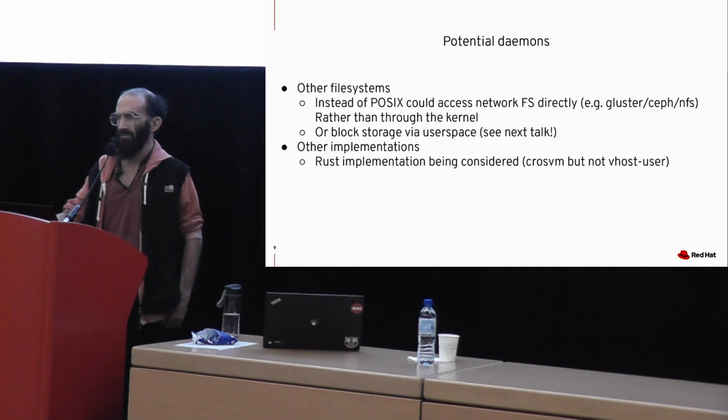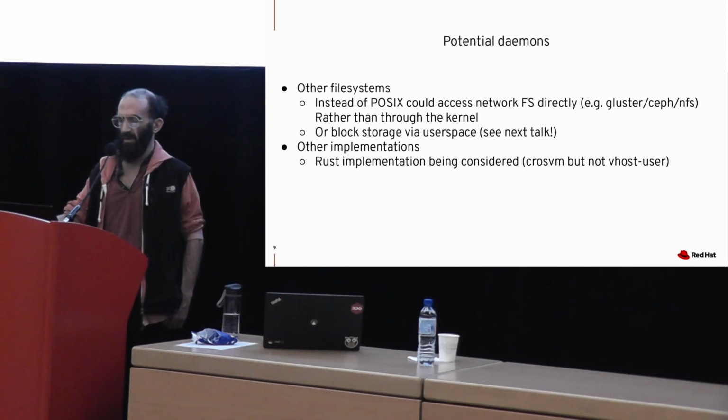Now that's just one potential implementation. There are other ways of doing it. You could go off and use something other than POSIX as the back end. For example, there are existing fuse daemons that instead of talking to a POSIX file system, go off and talk to a network file system directly.